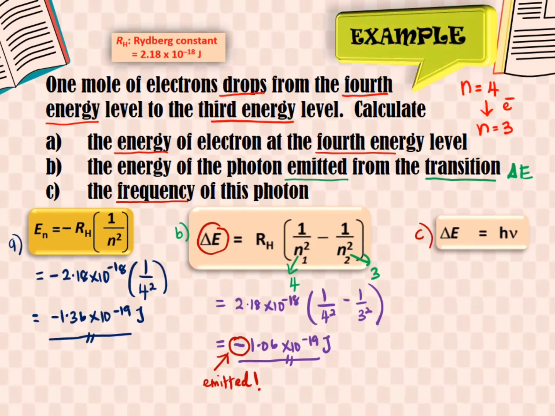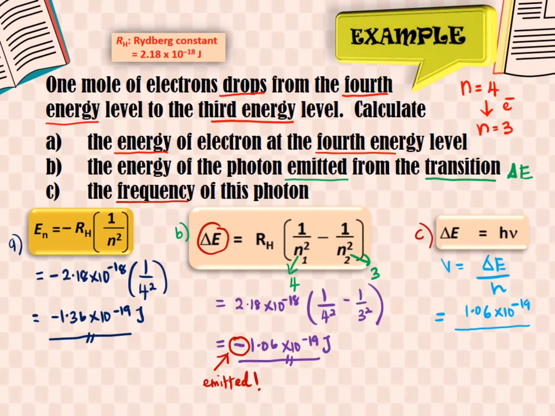So, you just rearrange this formula, become nu equal to delta E over H. H is Planck constant. Okay, and then you just substitute the value of delta E, and be careful, guys. Okay, negative only refer kepada energy emitted. So, negatif tu tidak perlu diletakkan di dalam formula ini. So, negatif tu hanya merujuk kepada pembebasan tenaga sahaja.